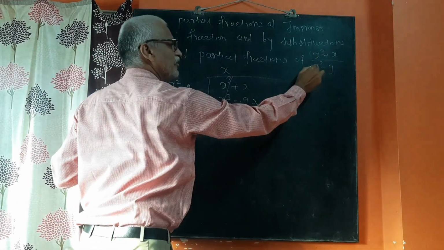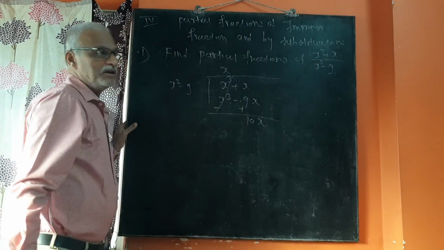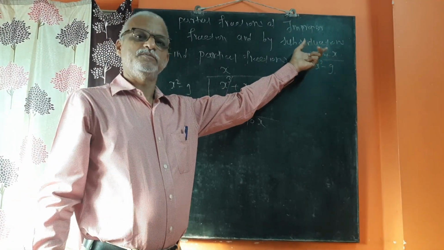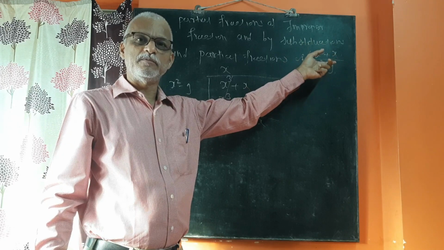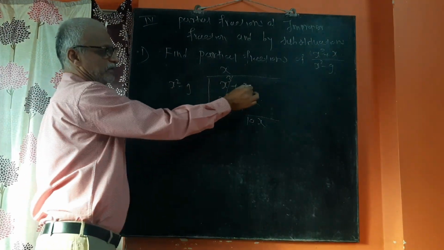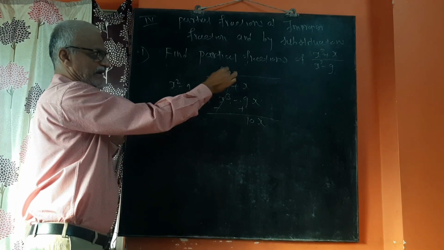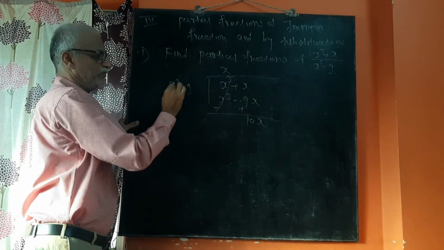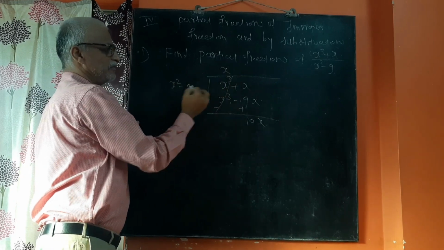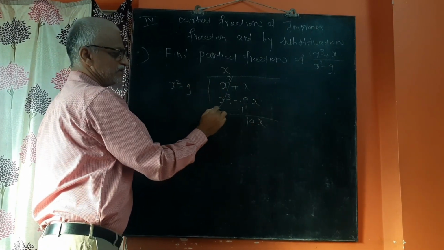Why are we dividing? Because the given problem is in the improper fraction form. So first we have to convert it into the proper form. So by the division, we have x cube plus x divided by x square minus 9. You multiply x square minus 9 by x, that becomes x cube. X into 9, that is minus 9x. Subtract, this gets cancelled.